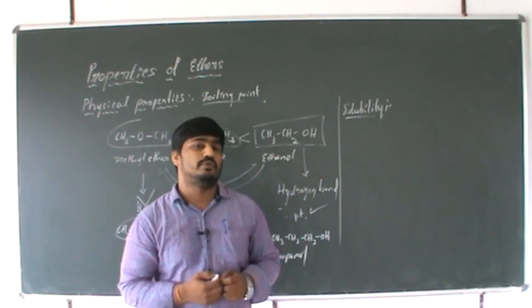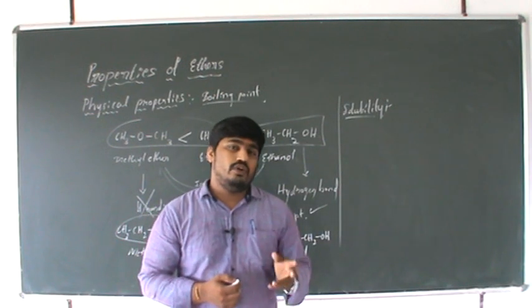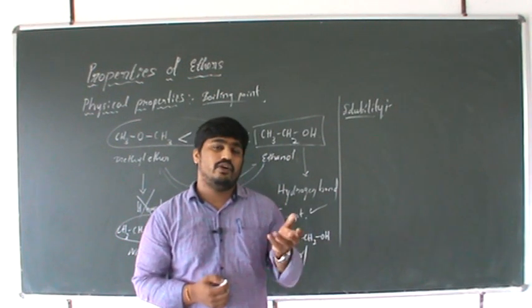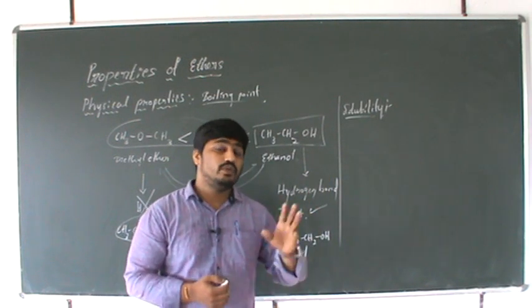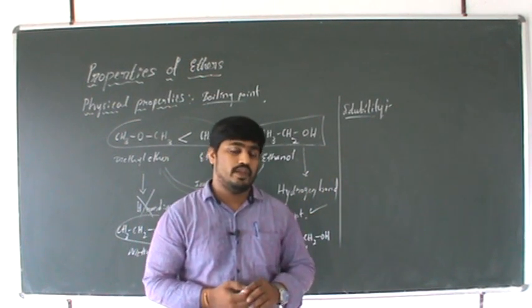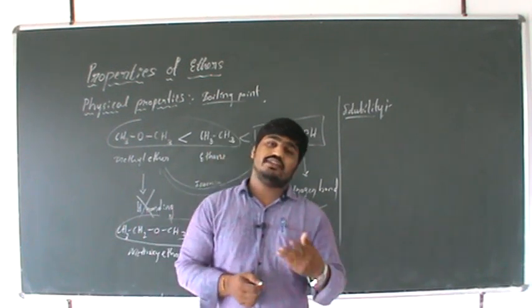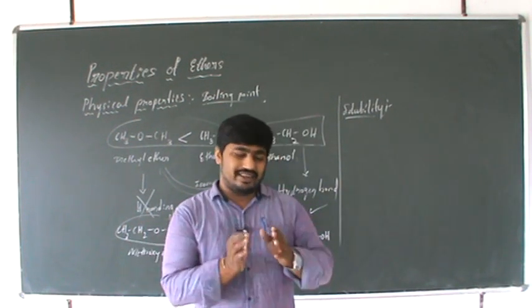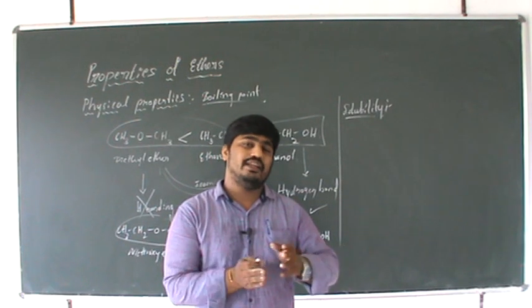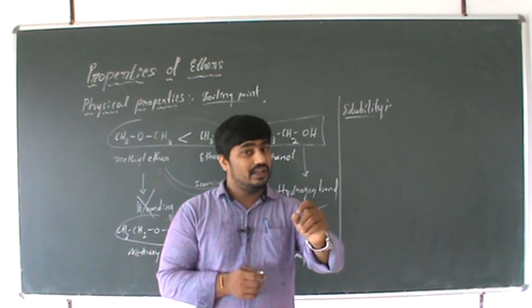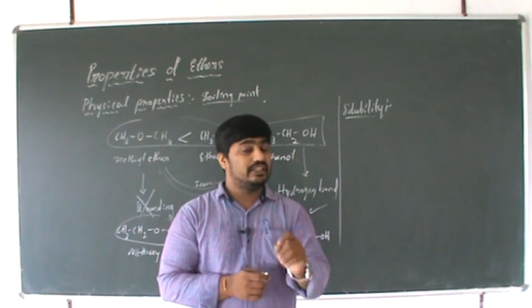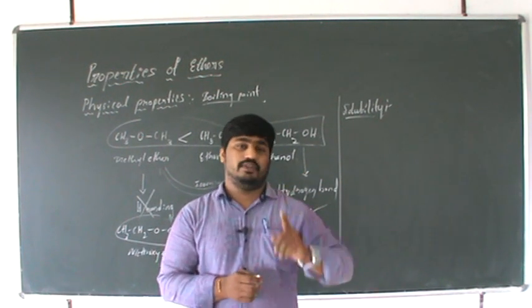Again, there is hydrogen bonding. Alcohols are soluble in water because of the ability to make hydrogen bonds with water molecules. Similarly, ethers are soluble, though not readily, only a small amount of solubility is observed. Only lower ethers are soluble.